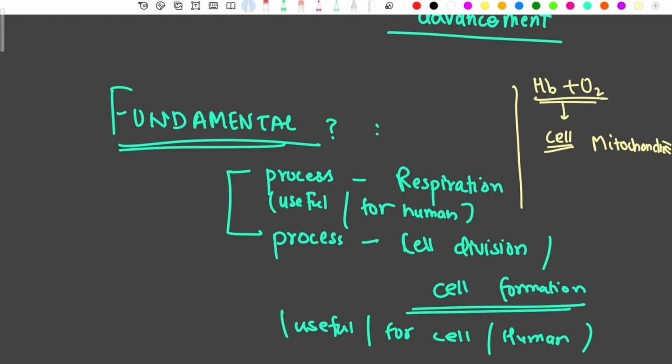There it produces ATP, which is a form of energy. Through this we can also see that the cell is responsible for the generation of energy. We are going to study this deeply in the mitochondrial part of the cell organelles.